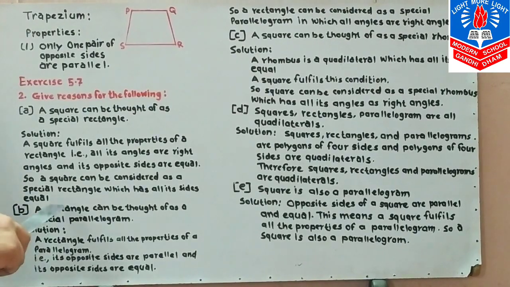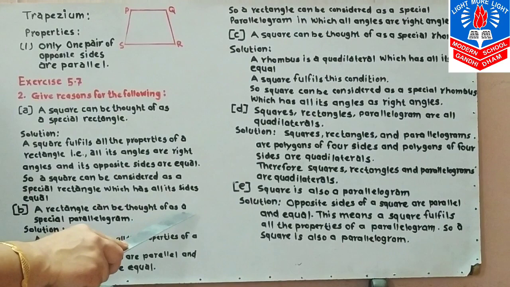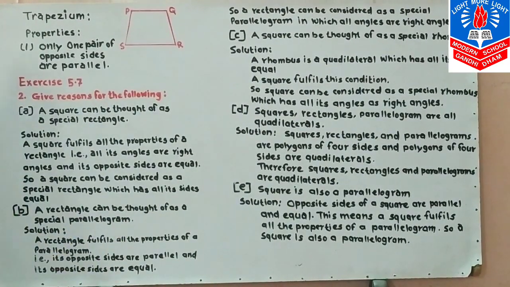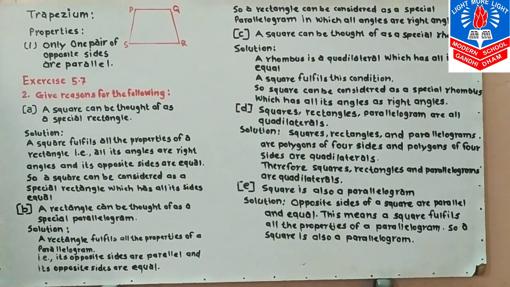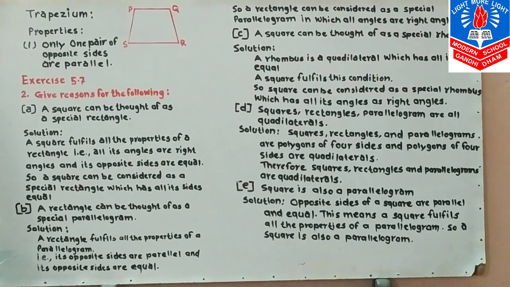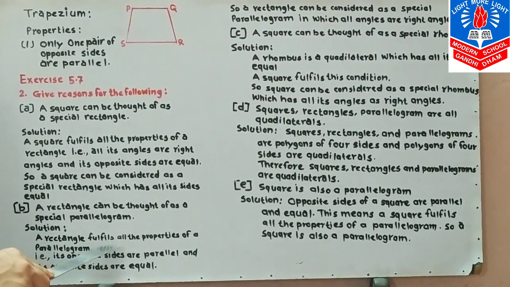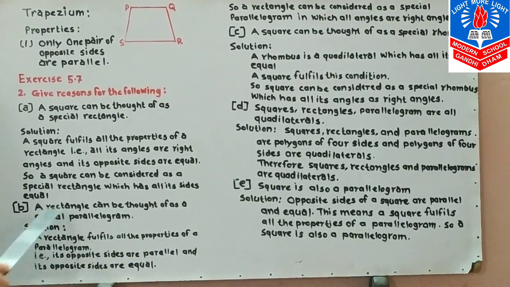Then second, a rectangle can be thought of as a special parallelogram. A rectangle is a special parallelogram, isn't it? So the reason is, a rectangle fulfills all the properties of a parallelogram.